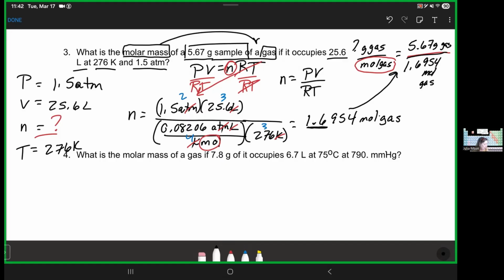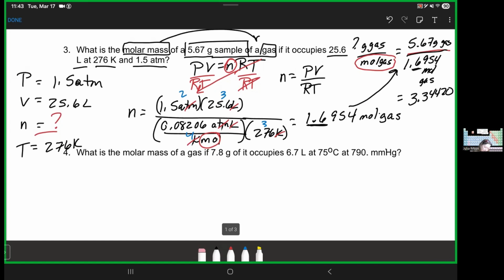So now if we take our 5.67 grams divided by our 1.6954 moles, we get 3.34420. And we are limited to, on this number, 2 sig figs right there. So it's those two numbers. So 3.3 grams per mole.